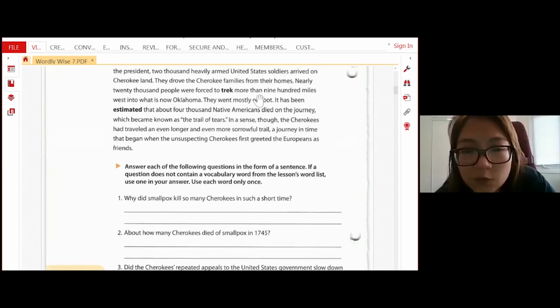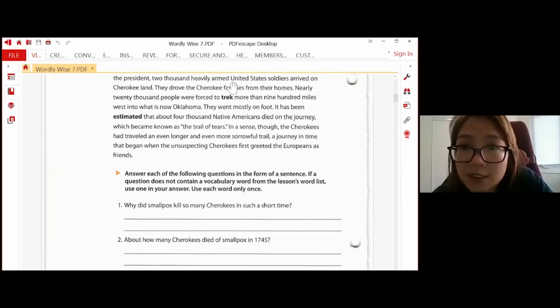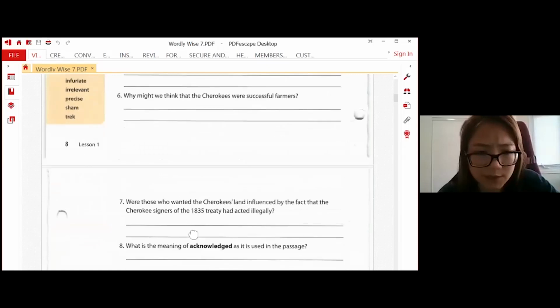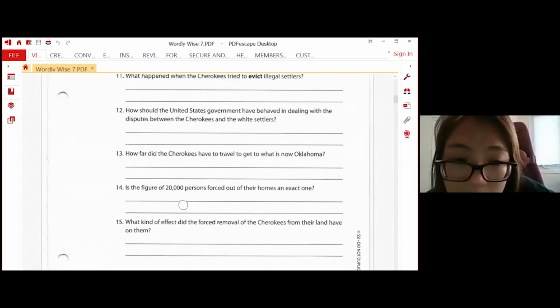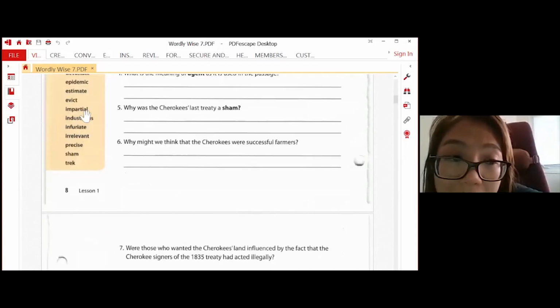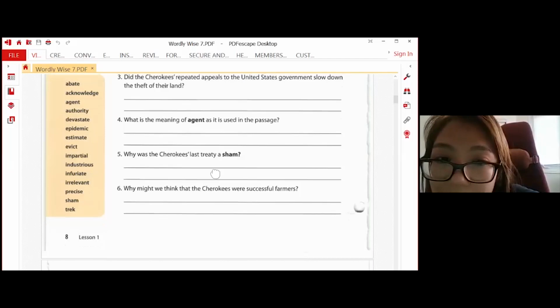Okay, answer each of the following questions in the form of a sentence. If a question does not contain a vocabulary word from a lesson word list, use one in your answer. Use each word only once. So here is a catch. You have 15 questions in here, and you have to use at least one of these words in each of your answers. So if you already have agent here, you cannot use any more words.